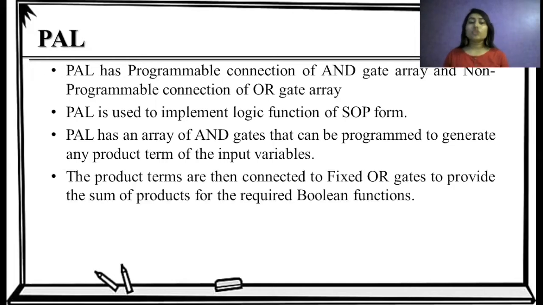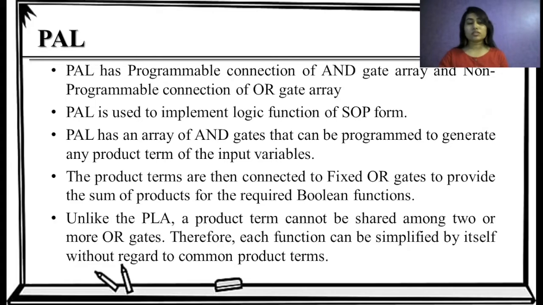Then the product terms are connected to fixed OR gates to provide the sum of product terms for the required Boolean function. This AND gate is used to implement product. Then for sum we use these fixed OR gates.